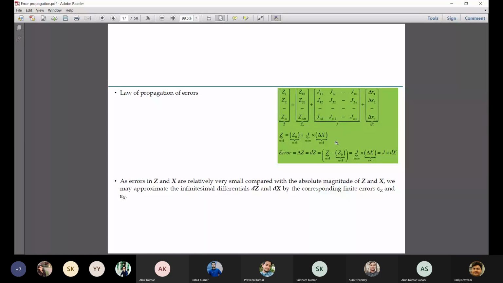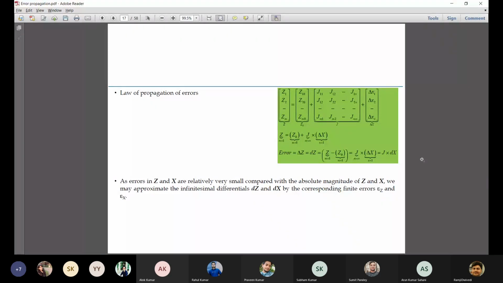So the error delta z, or dz, would become z minus z naught, which is J delta x. Errors in z and x are relatively very small compared with the absolute magnitude of z and x. We may approximate the infinitesimal differentials dz and dx by the corresponding finite errors ez and ex.